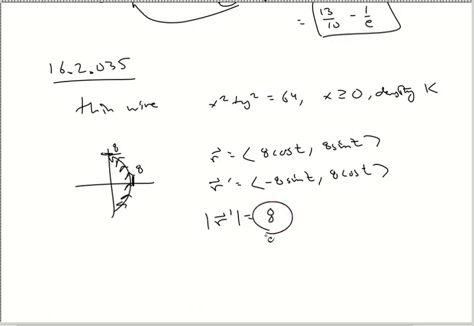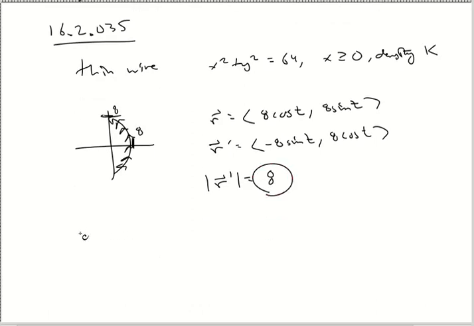Yes. That's really handy. Okay. So what they're actually looking for is the mass, which is simply the integral of my density times ds, the dr essentially. So 8 dt.